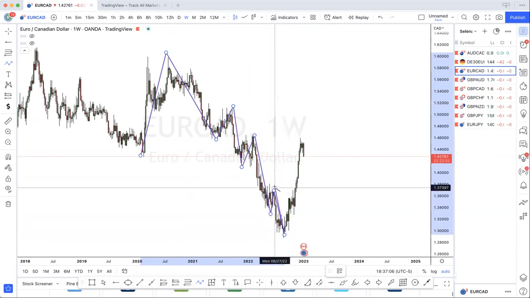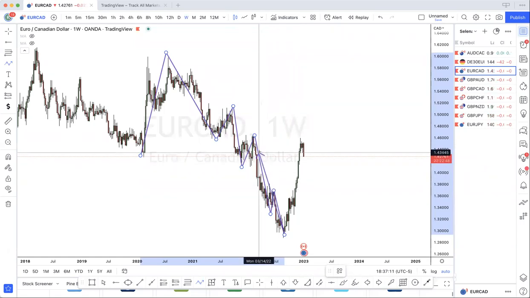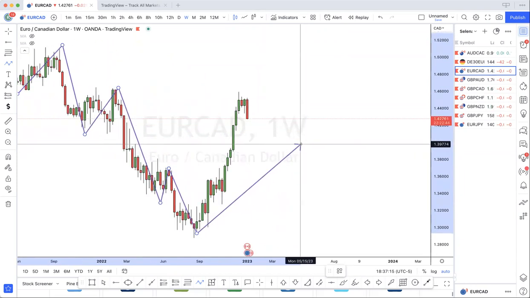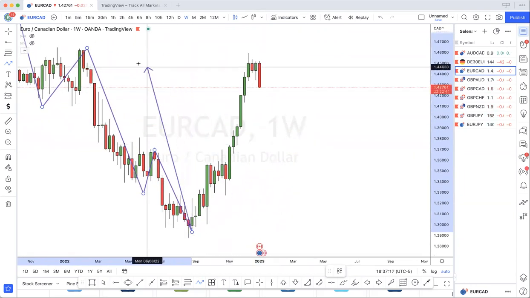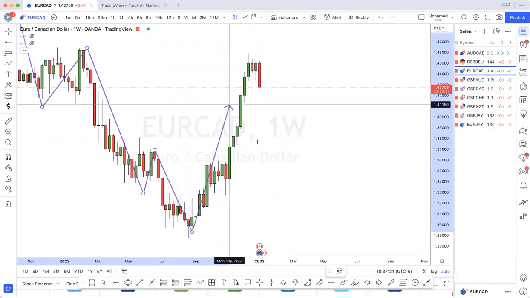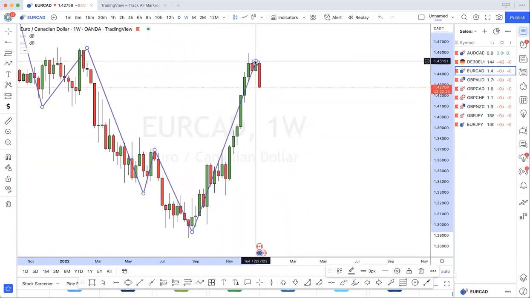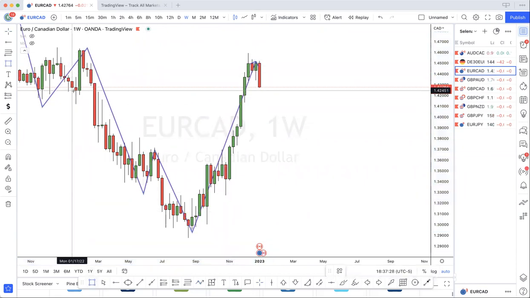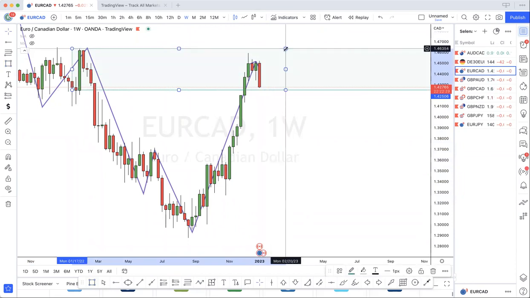Price came and broke this high, right? Broke all these highs, and then tapped into this area here. This was the last down candle before the up move, right? So there was imbalance up in here.